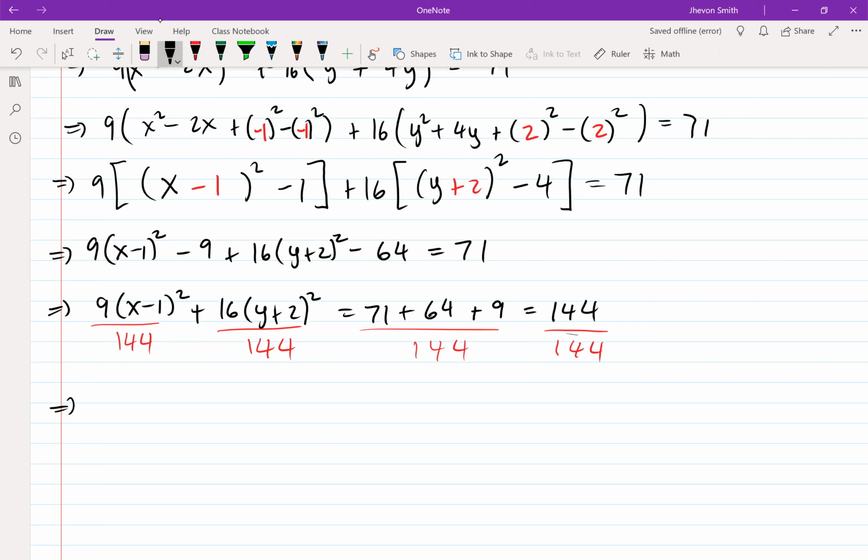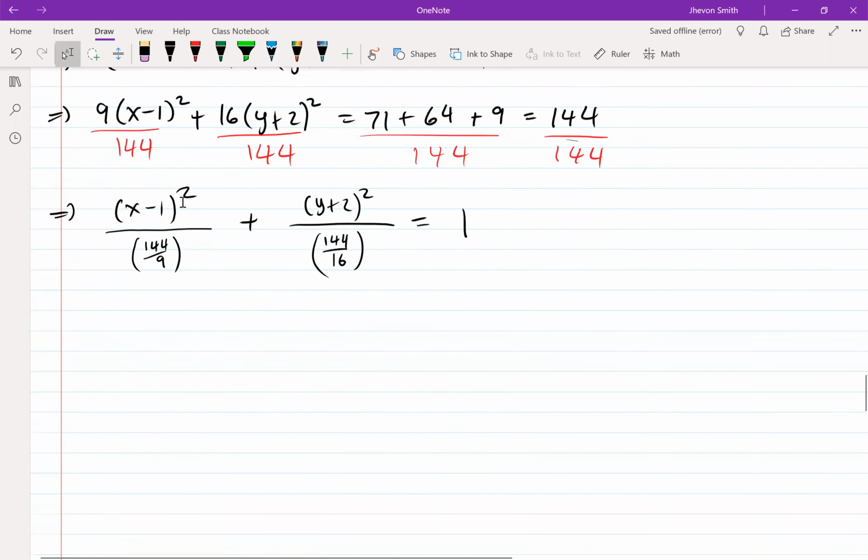So ultimately here, I would have x minus 1 squared over 144 over 9, plus y plus 2 squared over 144 over 16, equals 1. So now we start to see that it's looking like an ellipse.